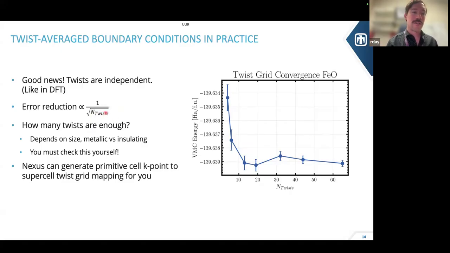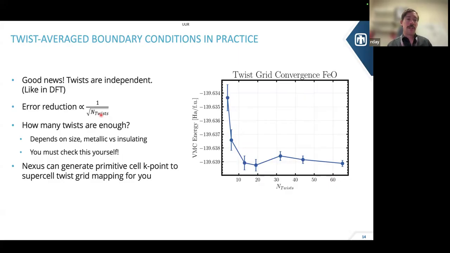So for efficiency's sake, you can actually tune this. It's not like you have to do 4 times the amount of work in QMC to do this procedure. There's a little bit of a burn-in time. You don't get the equilibration for each independent K point for free, but the stats you do.